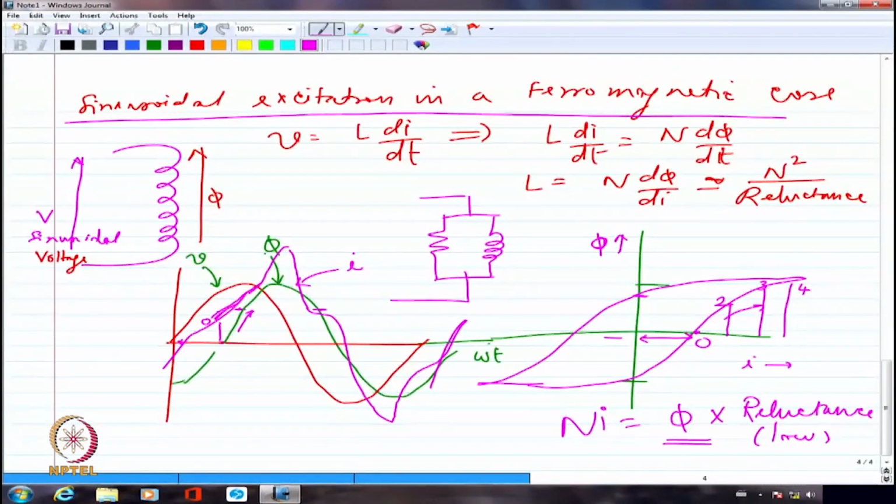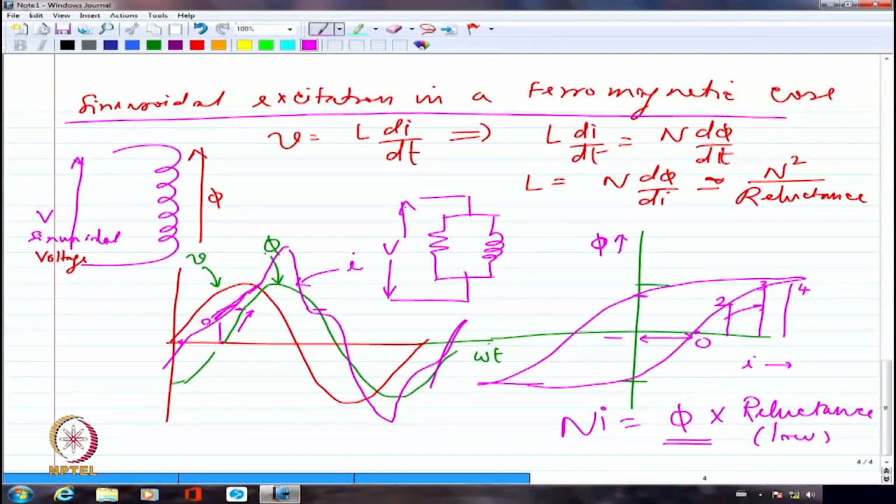That's the reason why we represent both of them in parallel. So we assume that the same voltage is applied to both the resistance as well as the inductance. This is the representation of a ferromagnetic core in terms of electrical circuit parameters.